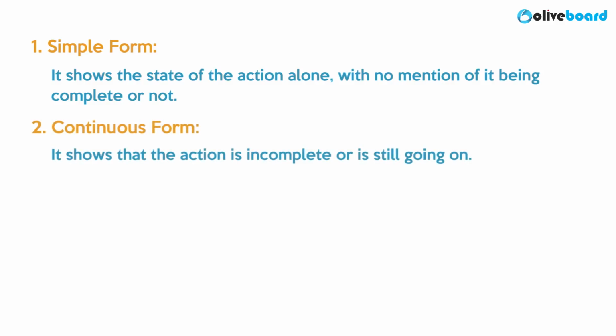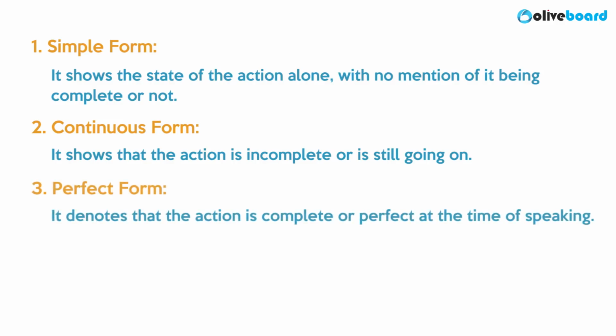Continuous form. It shows that the action is incomplete and still going on. Now it could be in different phases or it could be in different tenses. जैसे कि past continuous हमें बताएगा कि action particular time in the past में incomplete था और past में ही चल रहा था towards getting completed.